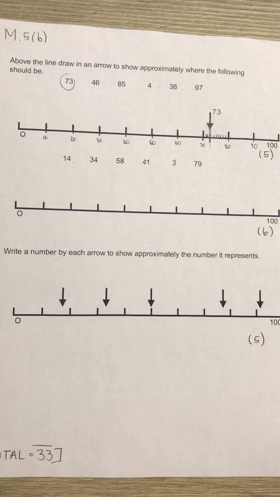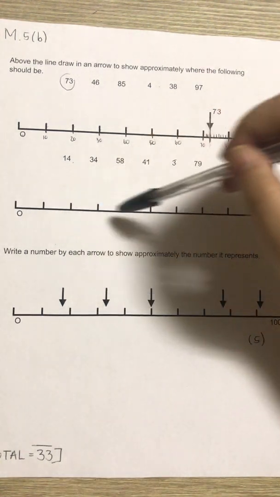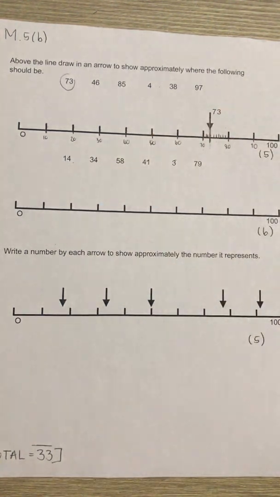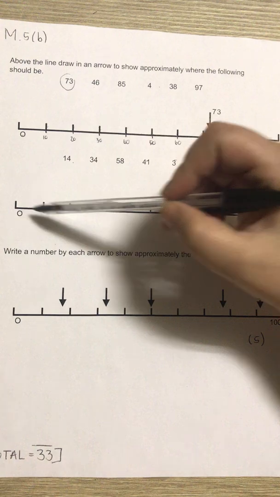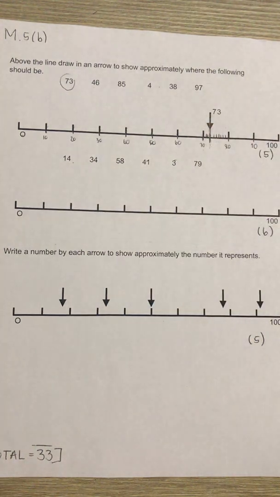Good, next one, 34. Where does 34 go on that number line? We are here. You are writing it on this number line now. Next one, 58. Where does 58 go on this number line? Draw your arrow and write the number on top. Next one, 41.